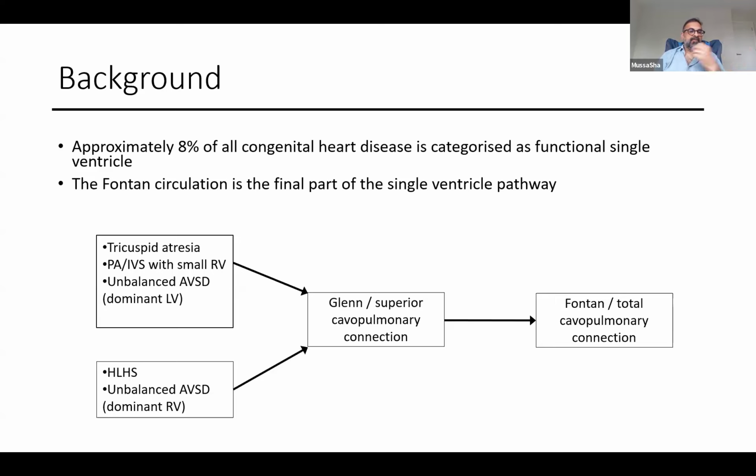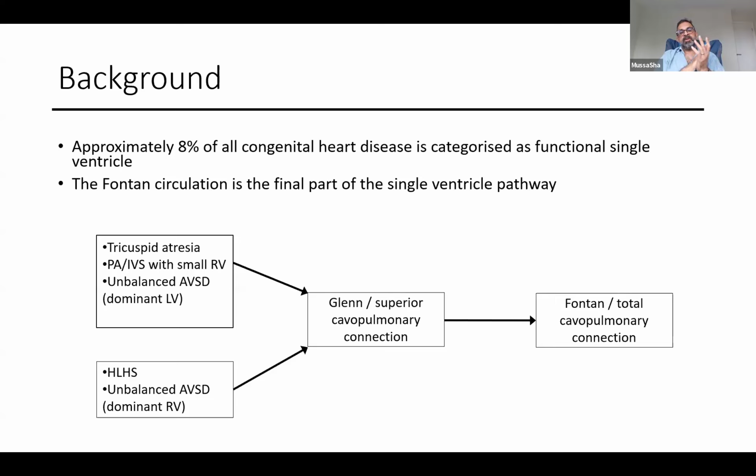Okay, so those that have tricuspid atresia or pulmonary atresia, intact ventricular septum, will undergo operations to secure pulmonary blood flow, or interventions to secure pulmonary blood flow, as we have more and more interventional approaches available now.